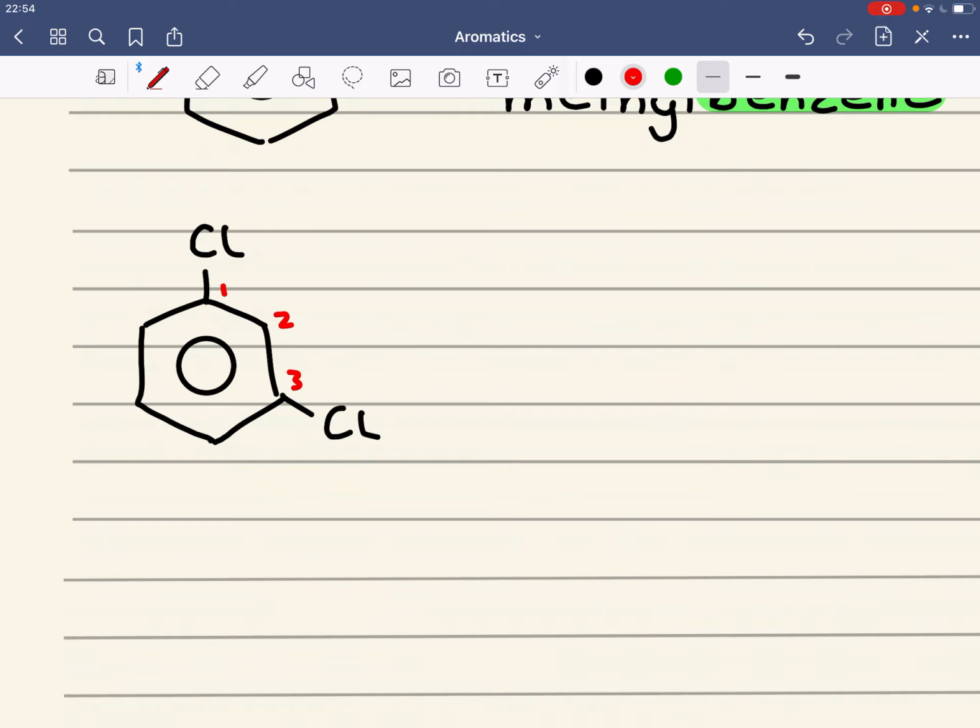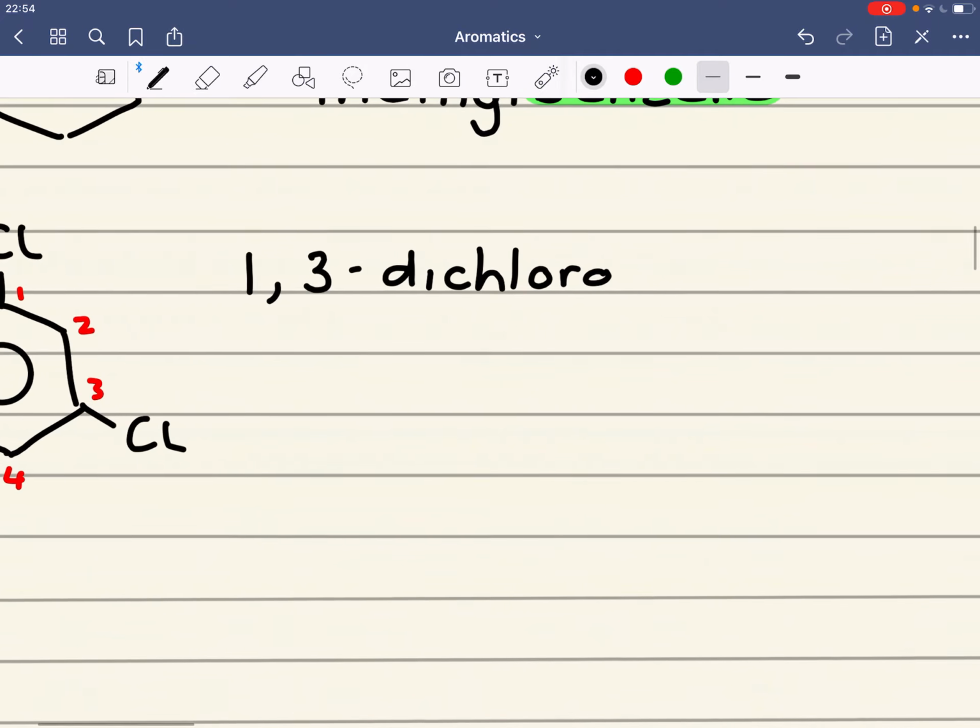Therefore we go around here, and we've got a chlorine attached to carbon 1, a chlorine attached to carbon 3. This then gives me 1,3 dichlorobenzene.